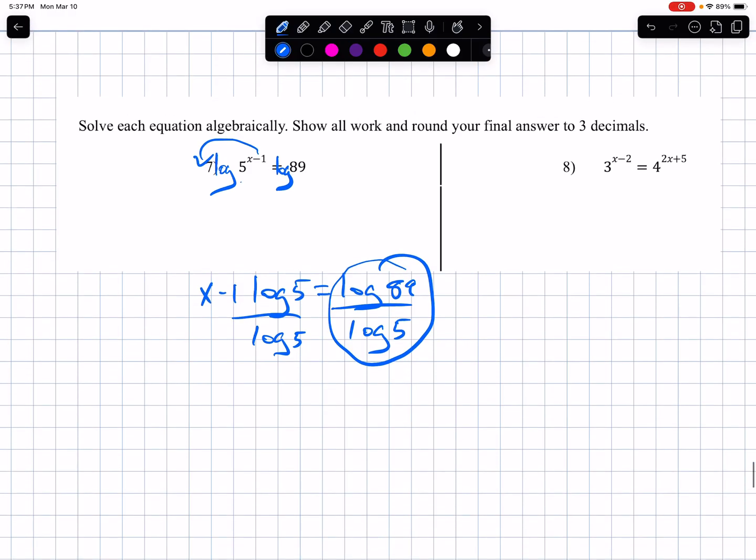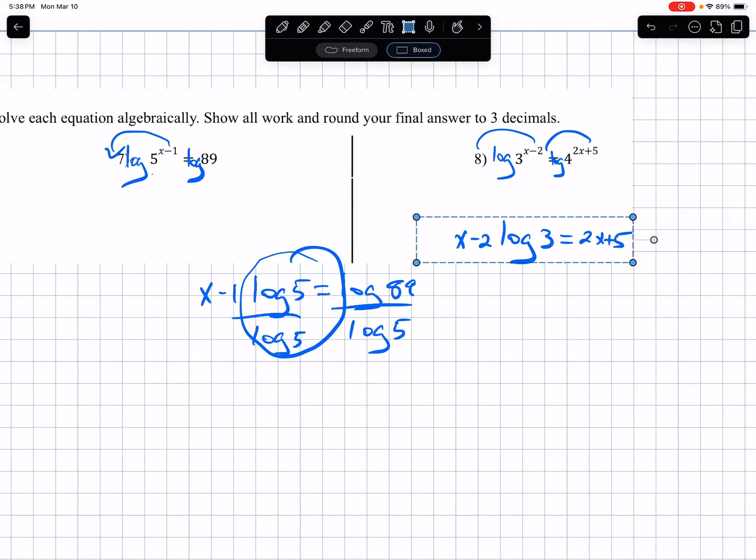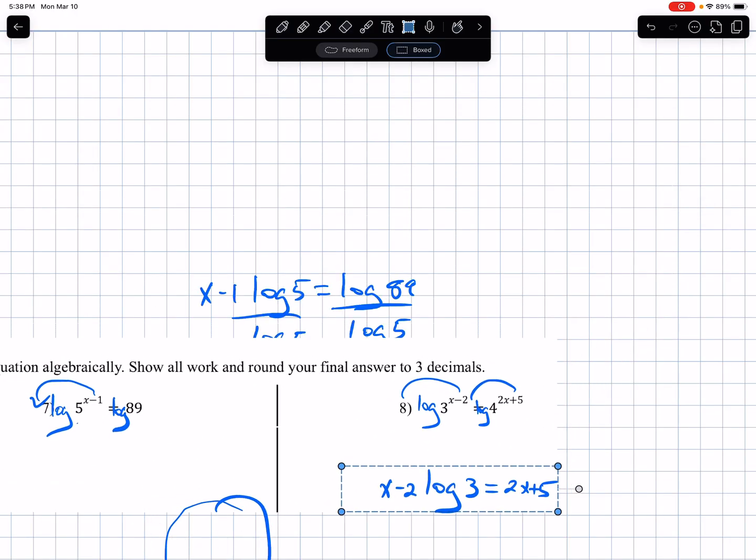So this one, same thing, log both sides. Exponents go in front. So we get (x minus 2) log 3 equals (2x plus 5) log 4. Move this down here.